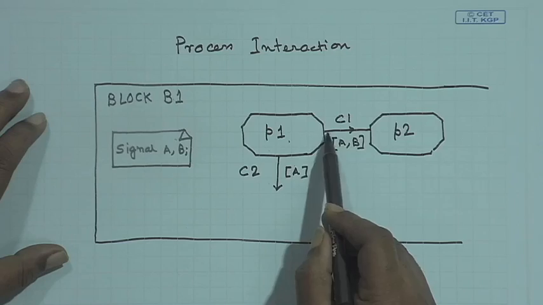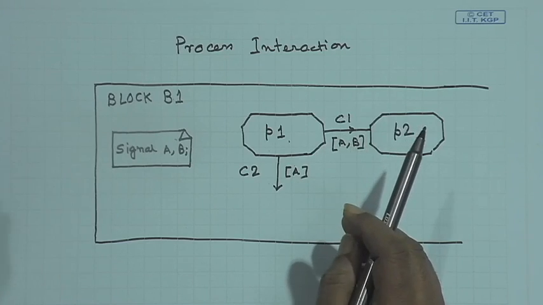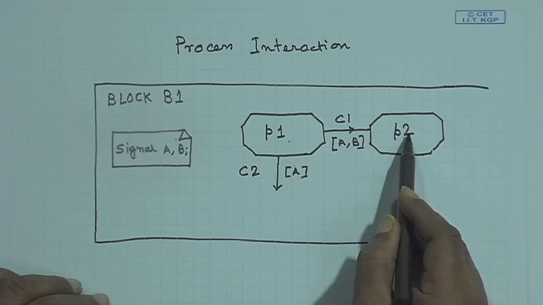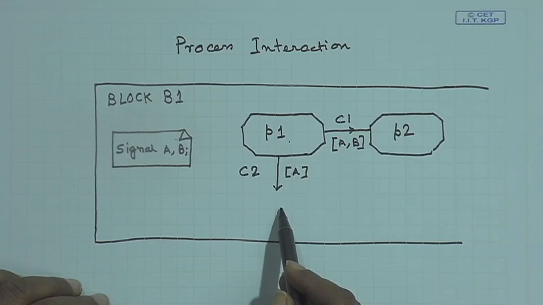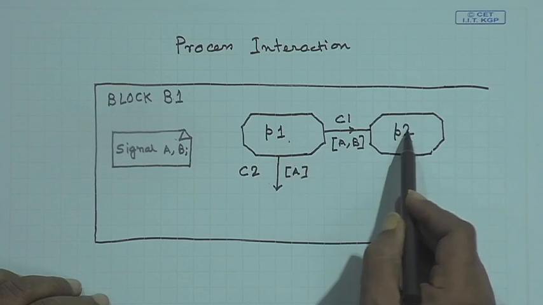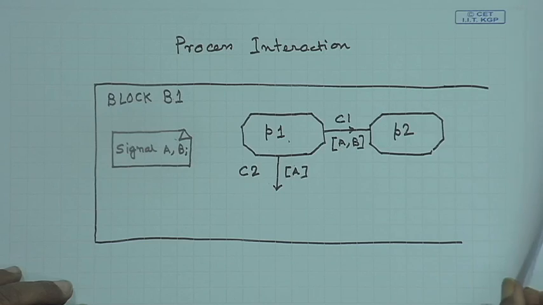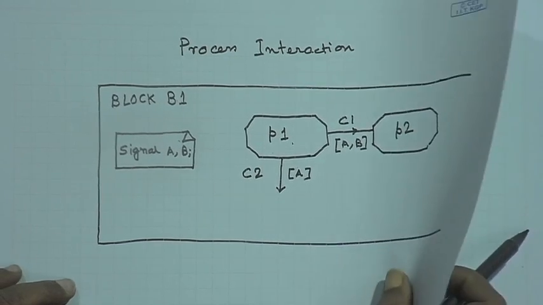So, I have to specify the channels, and also by using local variables I can specify which variables are connected to which channel. That does not mean that all the time the variables will be flowing through this channel. Whenever P1 sends A, it can send A through this or through this. In order to send B, it will have to send B only over there. So, that is about the process interaction.